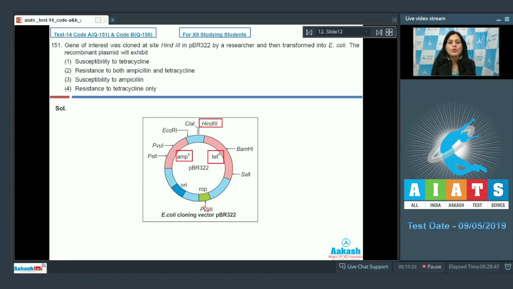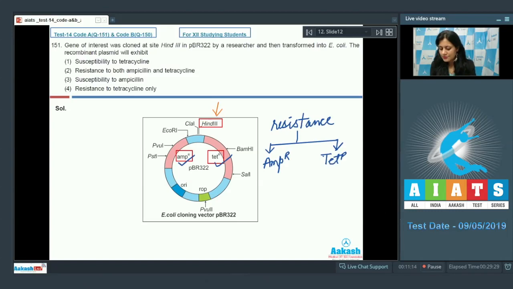So, when gene of interest is inserted at HindIII restriction site, then selectable markers, that is ampicillin resistance and tetracycline resistance genes, do not get inactivated. As a result, recombinant plasmid will exhibit resistance to both ampicillin and tetracycline.